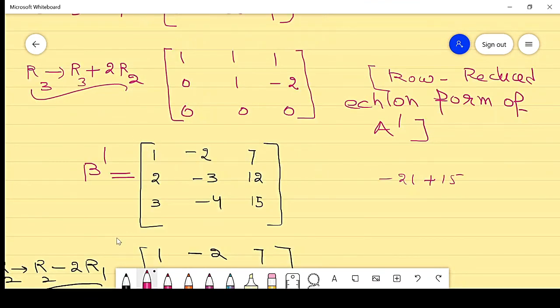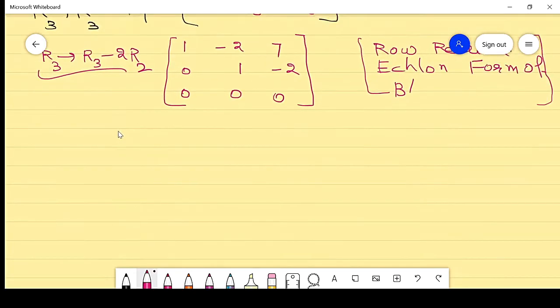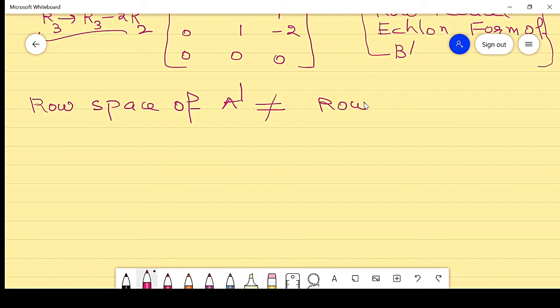If not the same, then it means the row space of A dash is not equal to the row space of B dash.